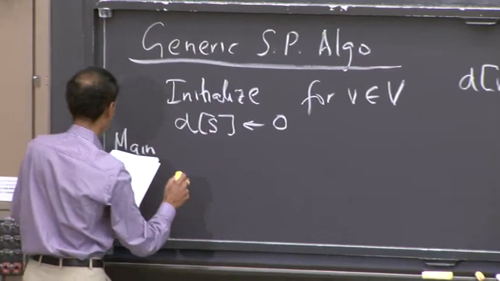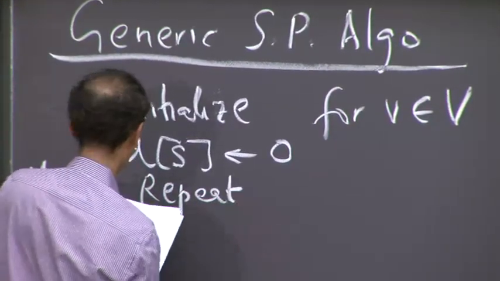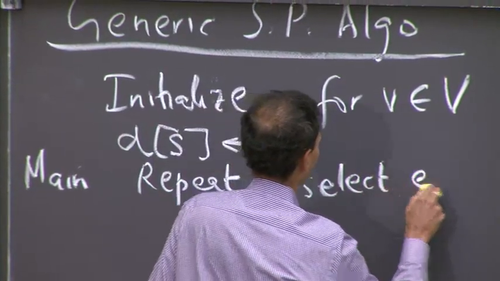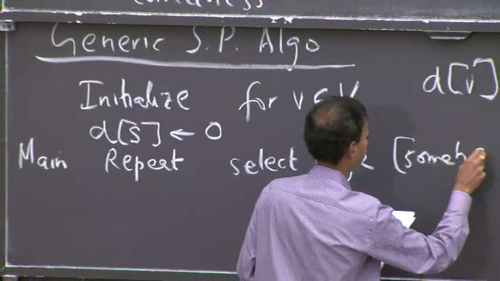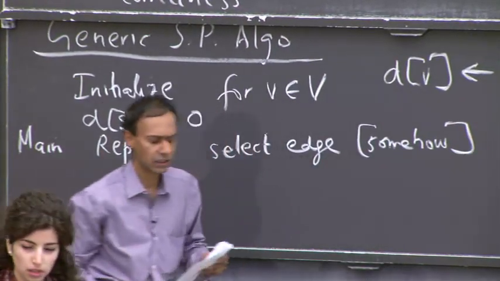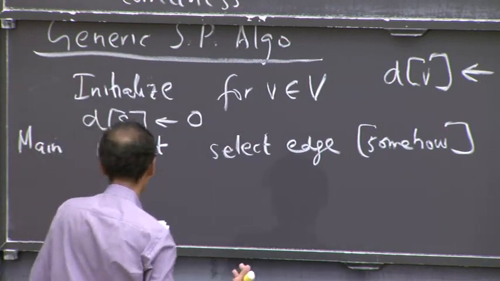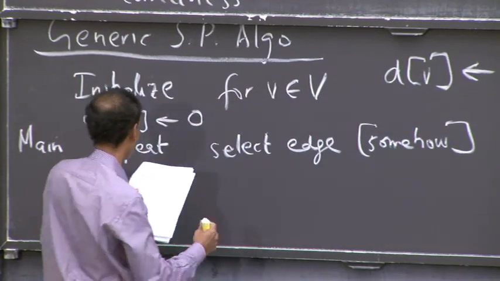And the main loop would be something like repeat, select an edge, and we have a particular way of selecting this edge when we have positive edge weights that corresponds to the minimum priority. And we talked about Dijkstra, but we have maybe different ways of doing that. But you have to select an edge somehow.